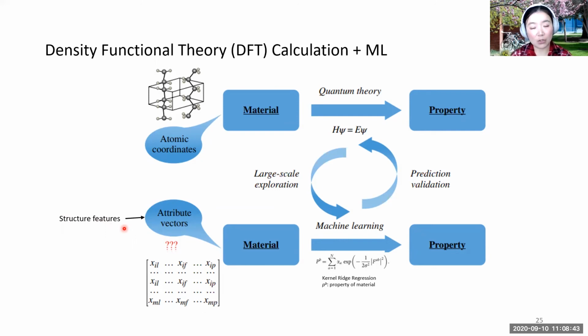I can also add other physical or chemical features as input and put them into a machine learning box. My student told me we can try kernel ridge regression models using those structure features as the input, and at the end the output will be the formation energies.